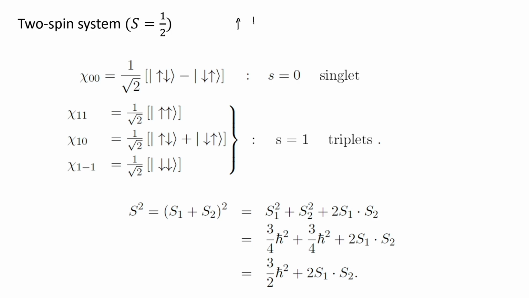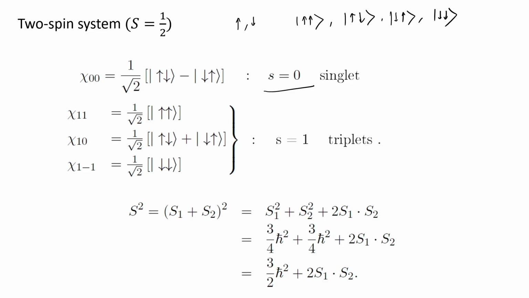So, there are up and down particles, and one can form up up, up down, down up, and down down. We can take a linear combination of that and form the S equal to 0 state, which is called the singlet state, and these are the 3 triplet states formed out of up up, up down plus down up, and down down.